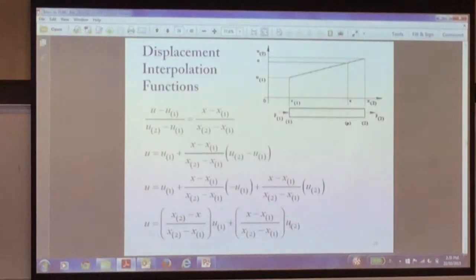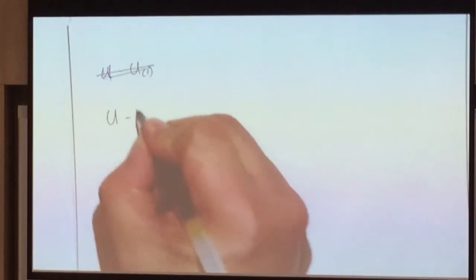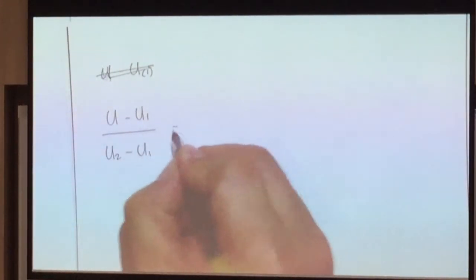Let's explain that. This one now is u minus u1 divided by u2 minus u1.